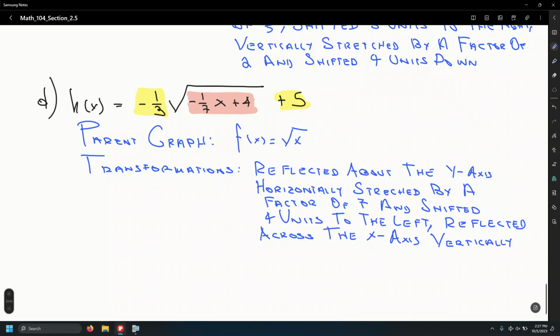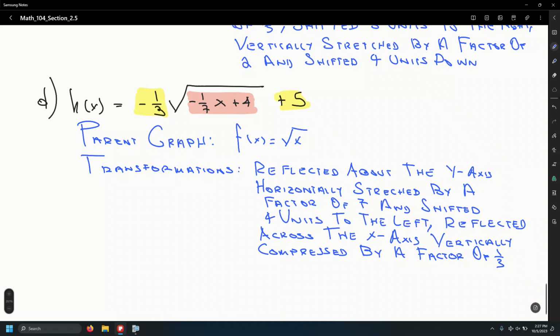But is it vertically compressed or vertically stretched? Compressed, right? By a factor of 1/3.